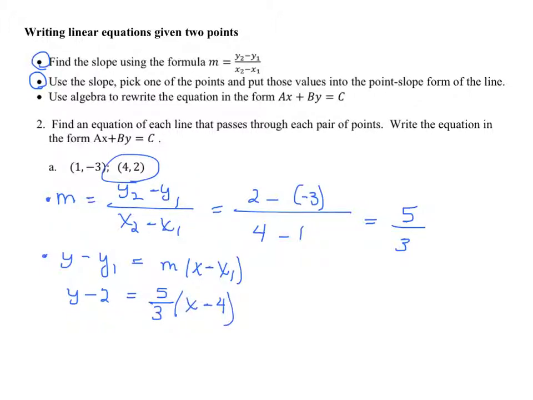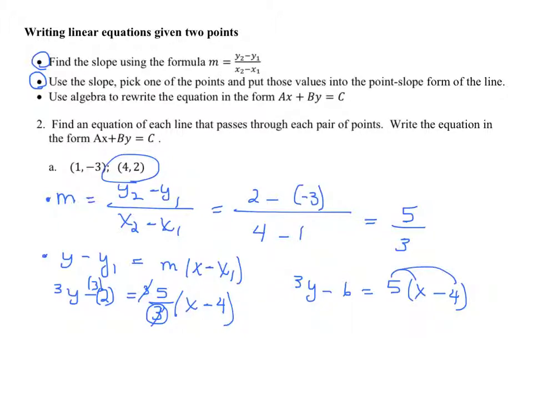So now I am going to get rid of this 3 by multiplying everything through by 3. These 3's divide out quite nicely, and I'll get 3y take away 6, keep in mind these are multiplied, is equal to 5 times (x minus 4).